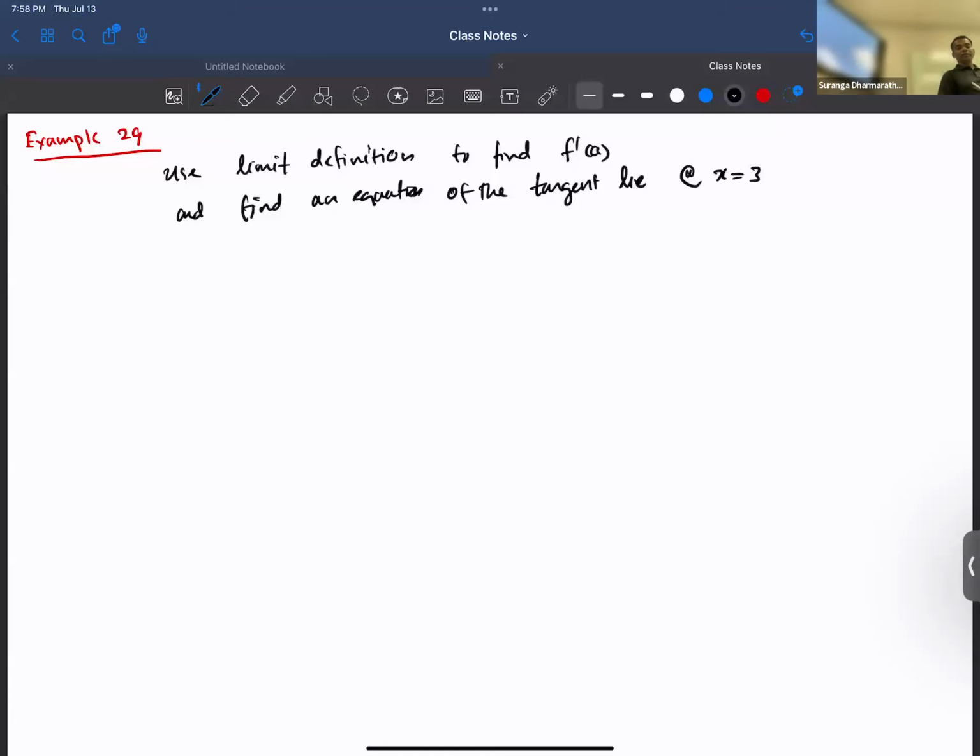So this is the function f of x equals 2x squared plus 10x. Now we added another term, right? Previously it was just x squared, so we added a term.